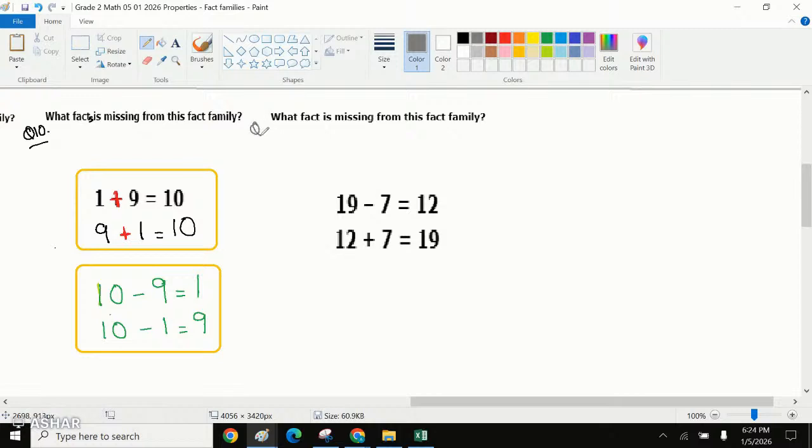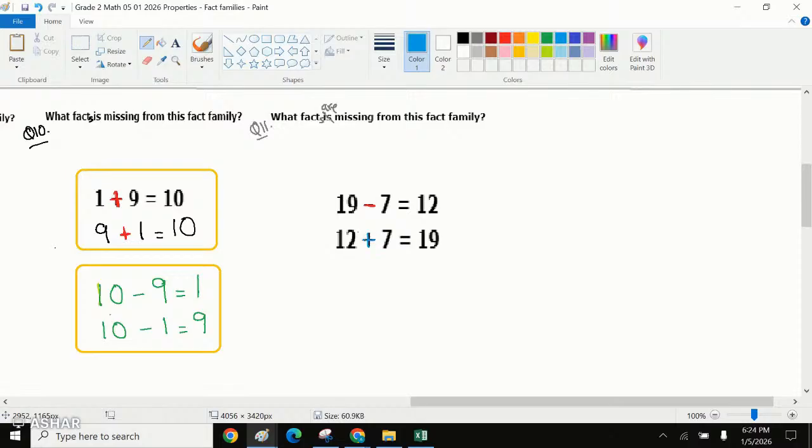In question number 11, it says, what facts are missing? Since I've changed the question, what facts are missing from this fact family, right? We have 1 subtraction that is given to us and 1 addition that is given to us, right?